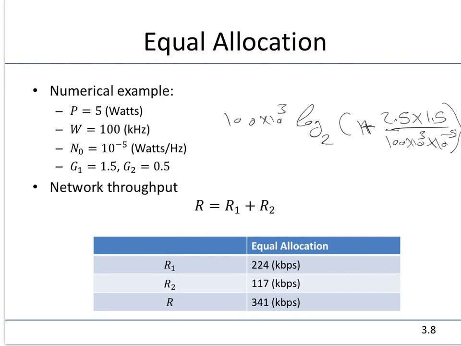So this is for user 1 and this is the result. For user 2, the difference here will be this is 0.5, right? And this is the result. So that's how you calculate the rate. In which case, this is the rate and this is the total rate, 3.41.